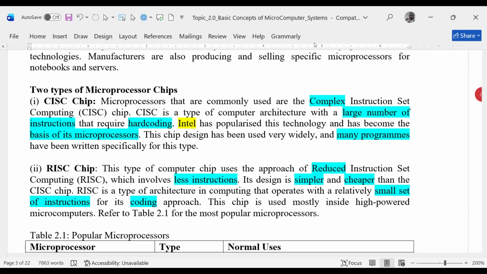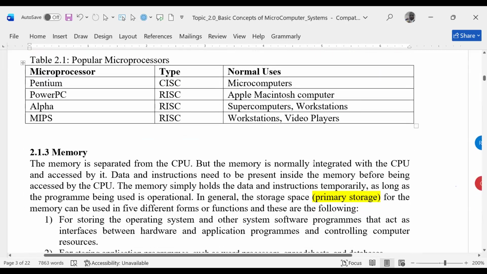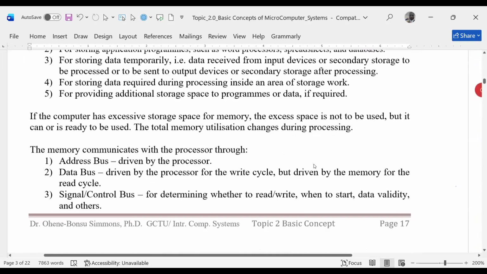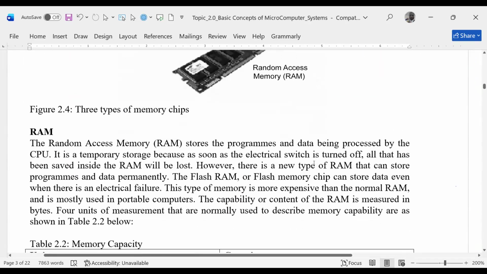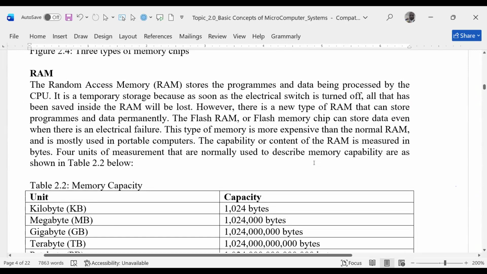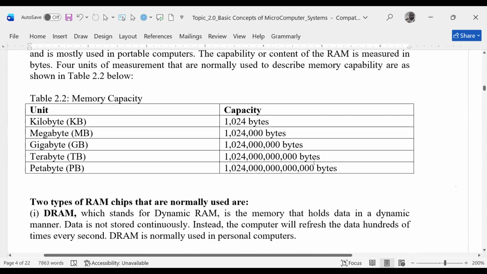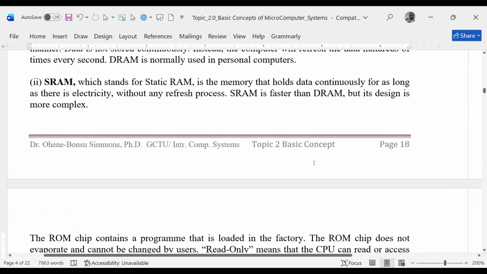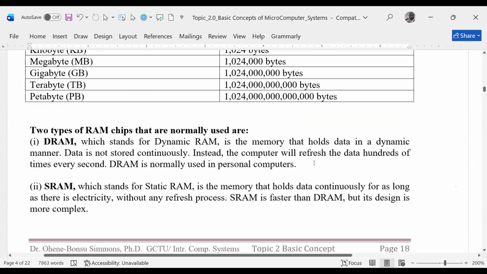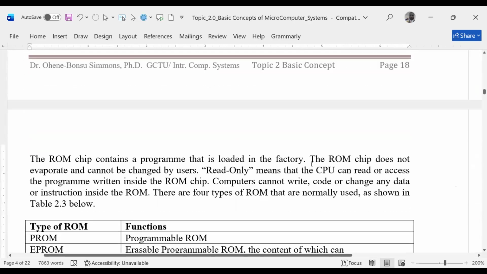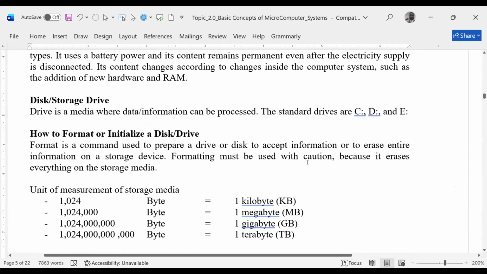You've seen the types of microprocessor chips. We've seen the memory. Memory chips consist of three: RAM, ROM and SIMMs. And RAM also, you see how it works, how memories are measured, RAM types, ROM and SIMMs. I will explain all this.